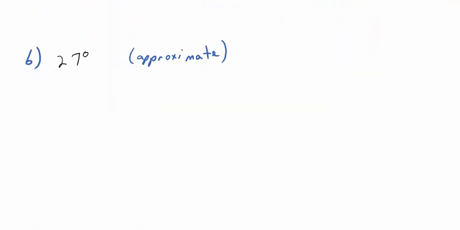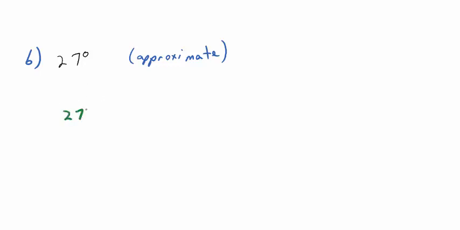But now we don't have all special angles. We can approximate. So let's say we want to convert 27 degrees. Get your calculators out for me. Suppose we want to convert 27 degrees to radians. It's the same process. You start in degrees. You're going to multiply by pi over 180 degrees to get the degrees to cancel.